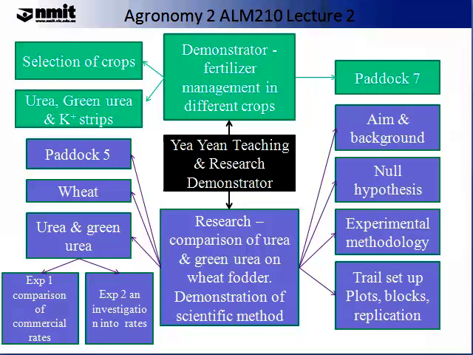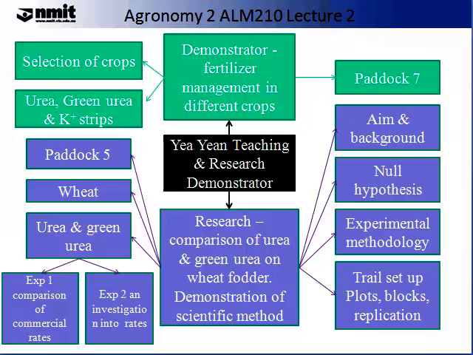We have gone through the stages of a field trial setup, including block design, plot design, replication. We have selected our fodder wheat, and our fertilizers that we have investigated are urea and the product green urea.